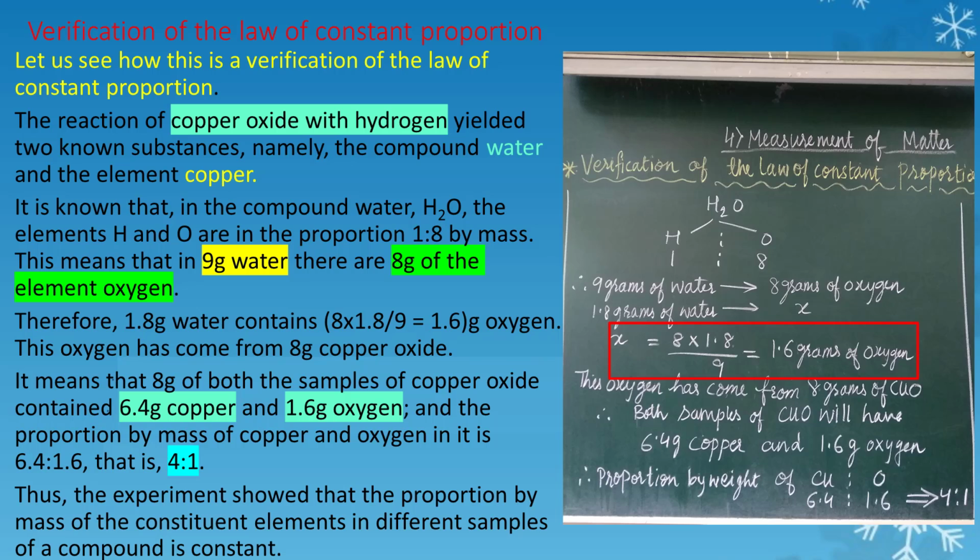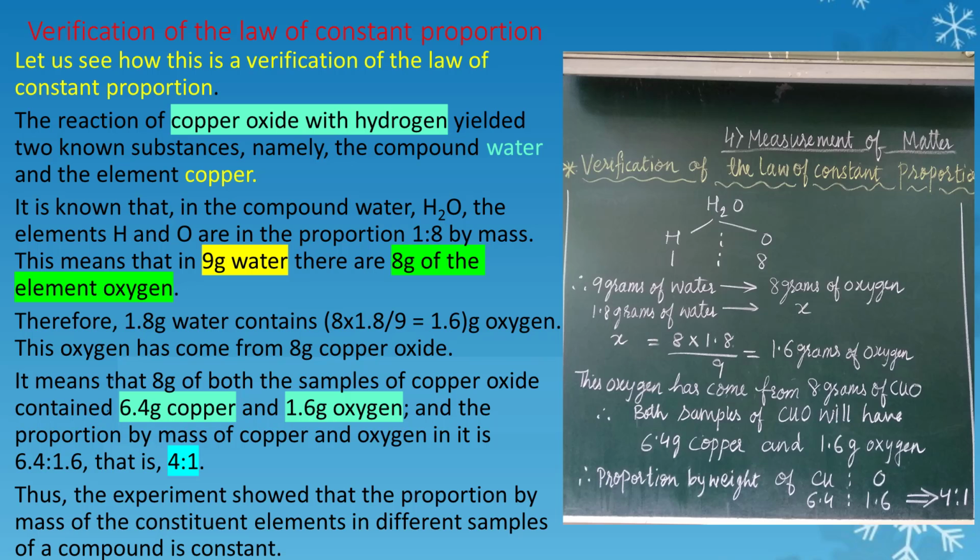When we solve it out, we get 1.6 grams of oxygen. This oxygen has come from 8 grams of copper oxide. Therefore, both samples of copper oxide will have 6.4 grams of copper and 1.6 grams of oxygen.